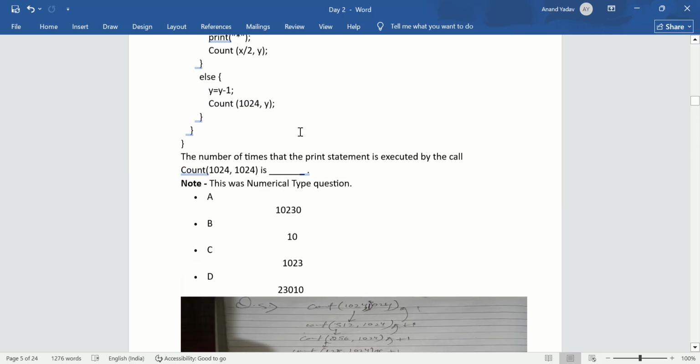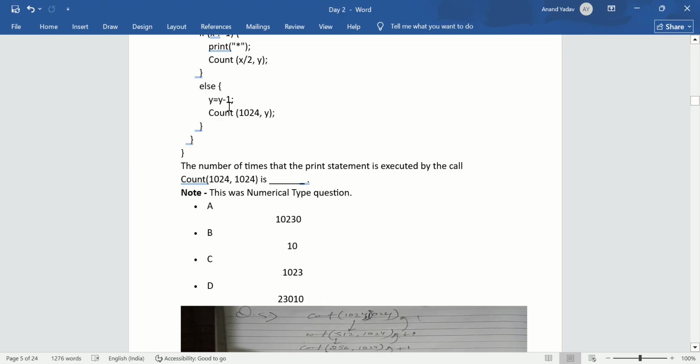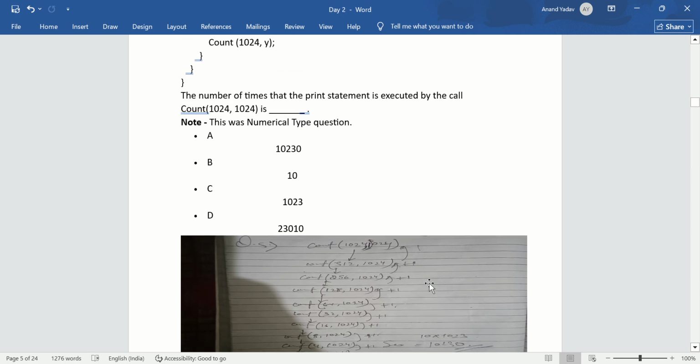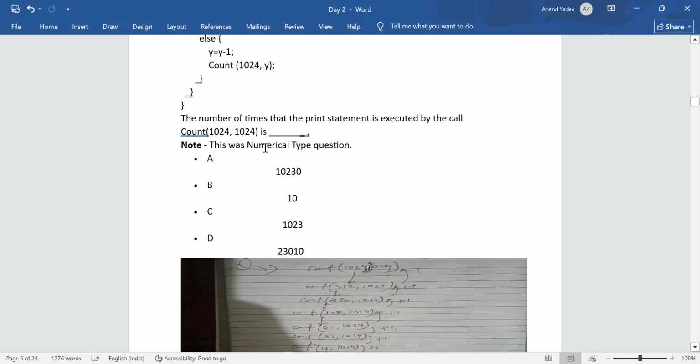And y goes for 1023 times, because y is decremented only by 1. So it will go for y 1023 times into 10. Therefore it will perform 10230 times. Option A is correct.